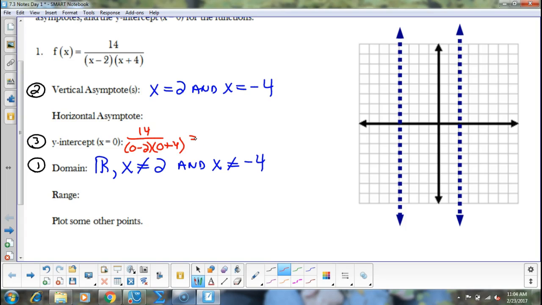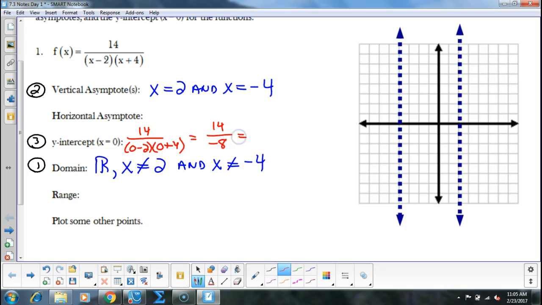Negative 2 times positive 4 is negative 8... so we'll call it negative 7/4, right? What is that? Negative 1 3/4? Okay, so my y-intercept is at the point 0, comma, negative 7/4. Which is right there.